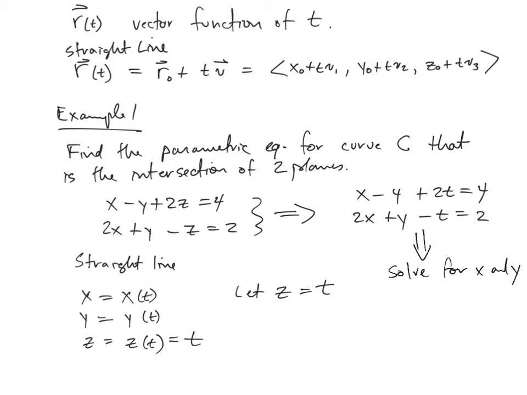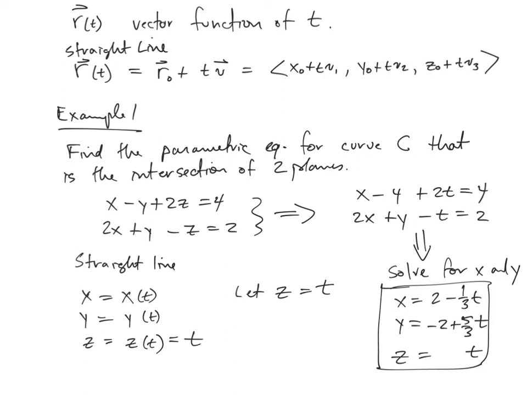And when you do that, you're going to find x is equal to 2 minus 1/3 t, y is equal to negative 2 plus 5/3 t, and we started with z is equal to t. All right, and there are my parametric equations for the line that is the intersection of those two planes.